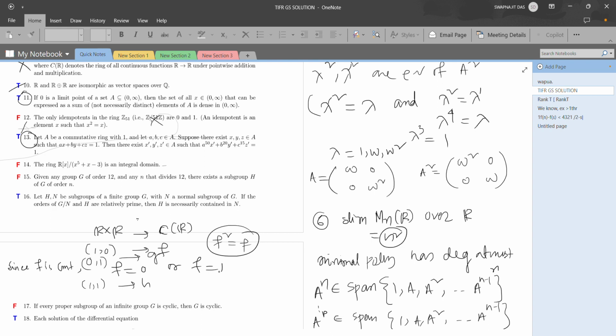The ring R[x] mod x power 5 plus x minus 3 is an integral domain, right? That means x power 5 plus x minus 3, this ideal is a prime ideal. But we know that over R, any polynomial of degree greater or equal to 3 is reducible.